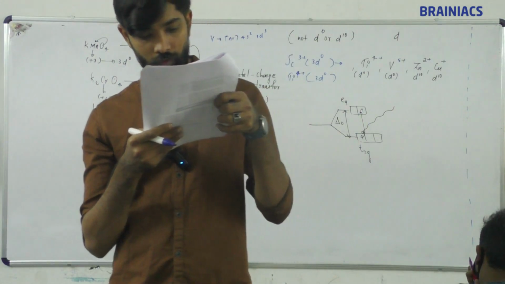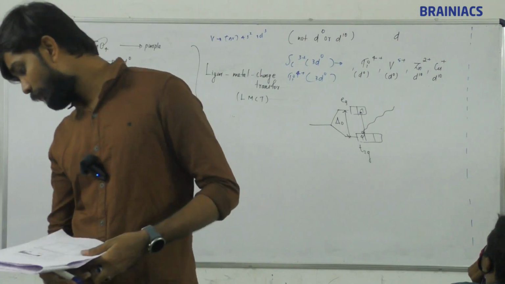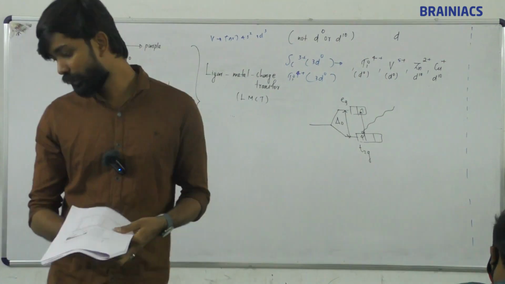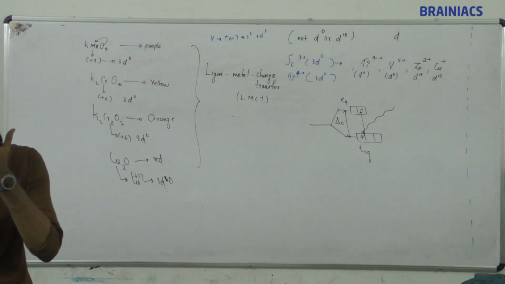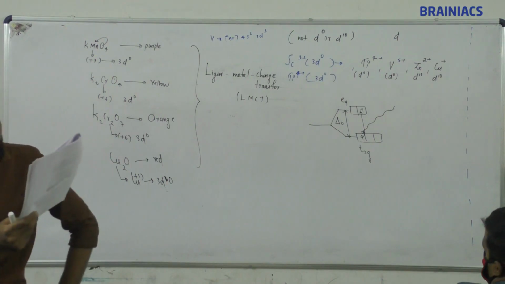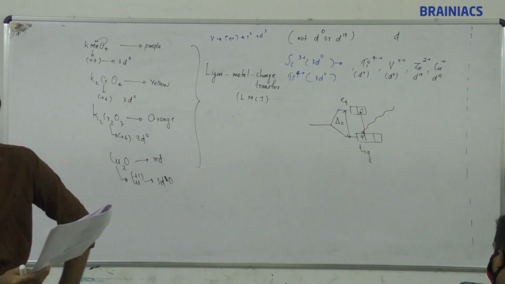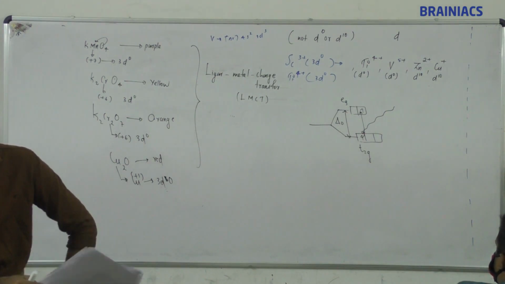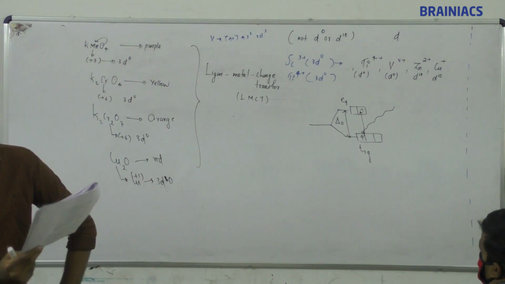It is better to write the d configuration, because for d-d transition it depends on the electrons in d.